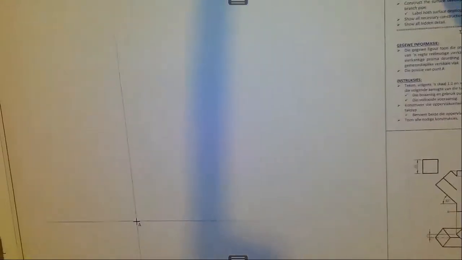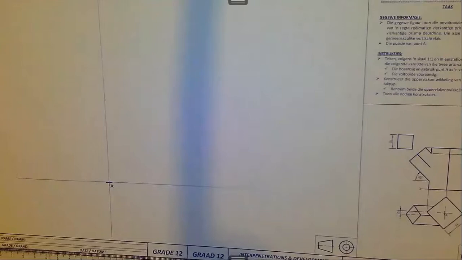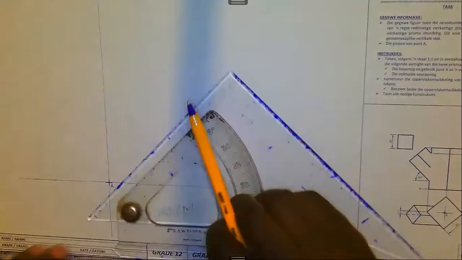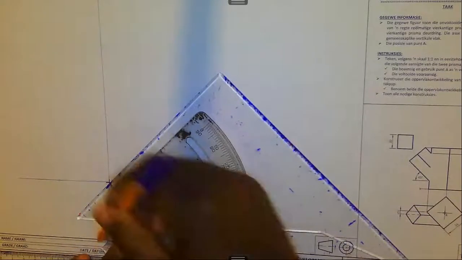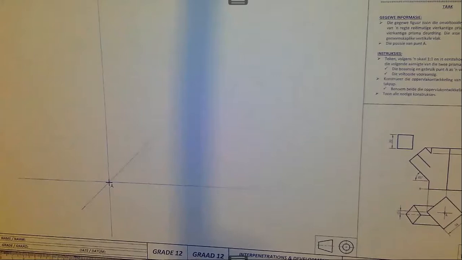Okay, I'm sure it's clear in terms of our presentation. So this is point A. When a square is sitting at a corner like that, I think I showed you when we were looking at solids, you draw a faint line like that. You draw a faint line like this, right?